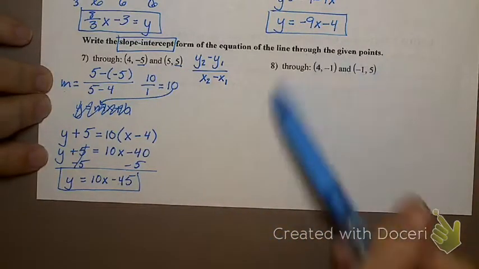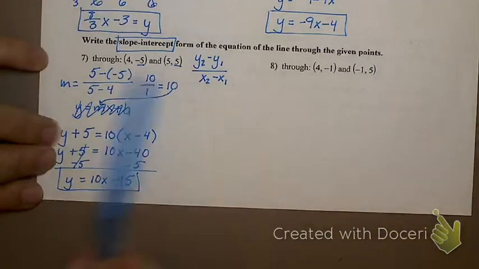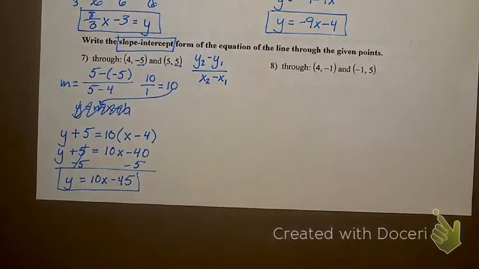All right, you try number 8. Try it by starting off in point slope form and then going to slope-intercept form. Remember, before you can do anything, you have to do what?